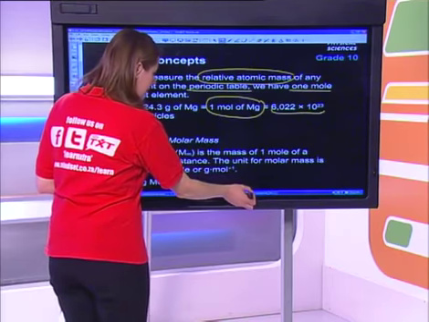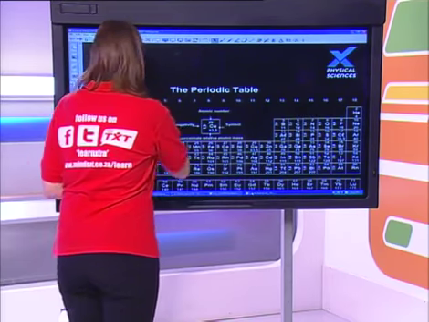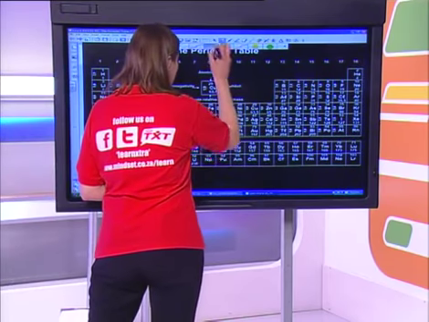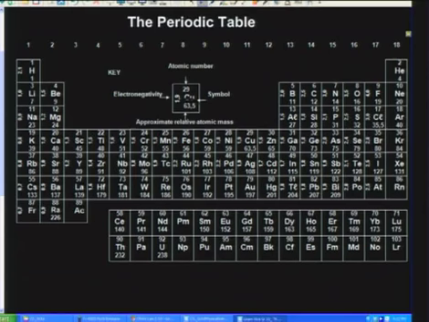Well, coming across to the periodic table, this number that we have at the bottom, check your periodic table, that number is the relative atomic mass. If I go find magnesium, here it's magnesium 24.